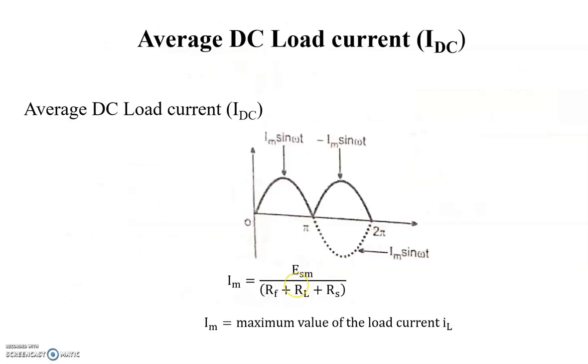Next, we will move on to the derivation of the average DC load current. How do we find the average value of DC load current? The average or DC value of an alternating current is obtained by integration. To find the average value of an alternating waveform, we have to determine the area under the curve over 0 to 2 pi and then divide by the base 2 pi.